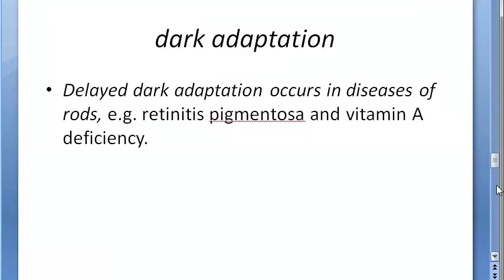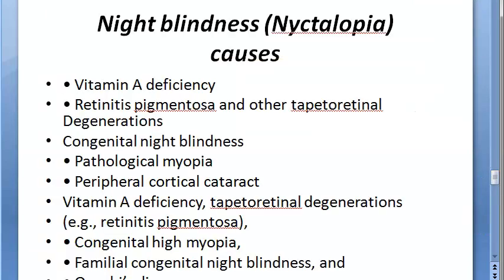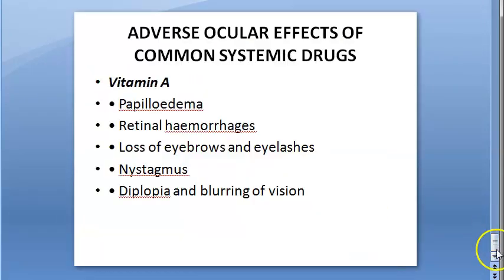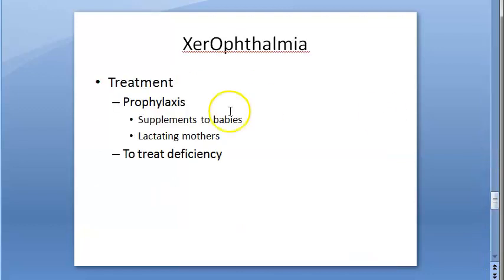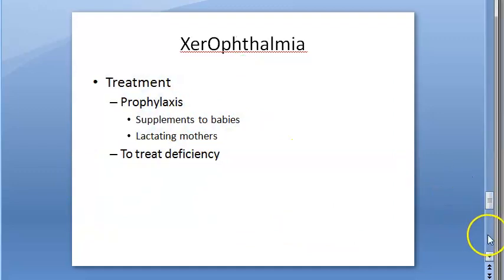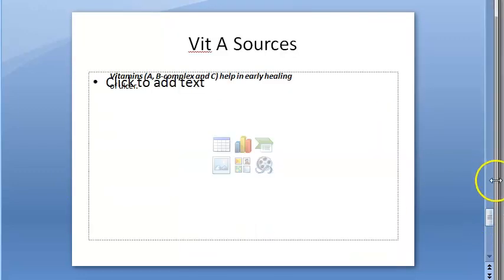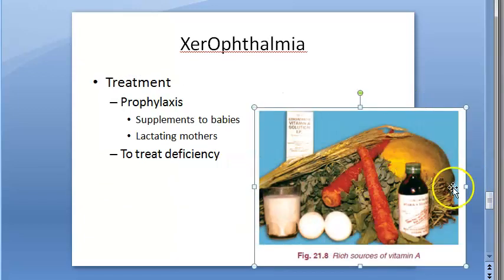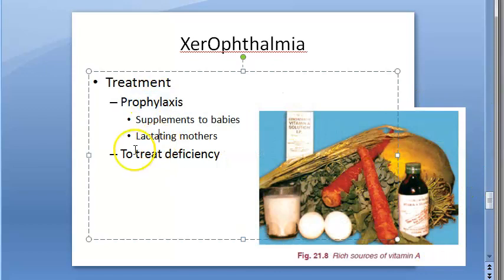Now we have to go to treatment. So we'll look at this treatment. Treatment means, obviously you will have 2 types here: prophylaxis and to treat deficiency. Let us look at this treatment.